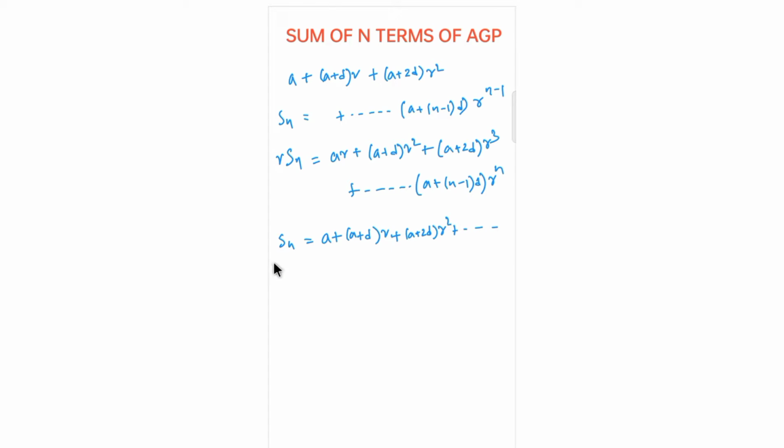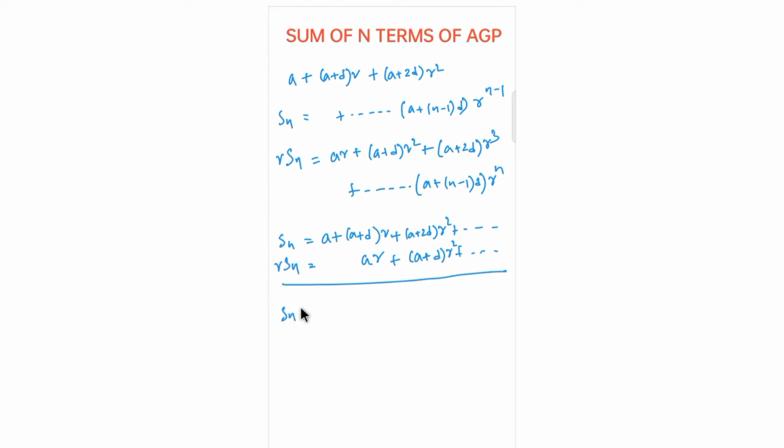When you multiply by r, you just shift the terms one place to the right. You get ar plus (a plus d) into r square plus so on. Now you just subtract these.